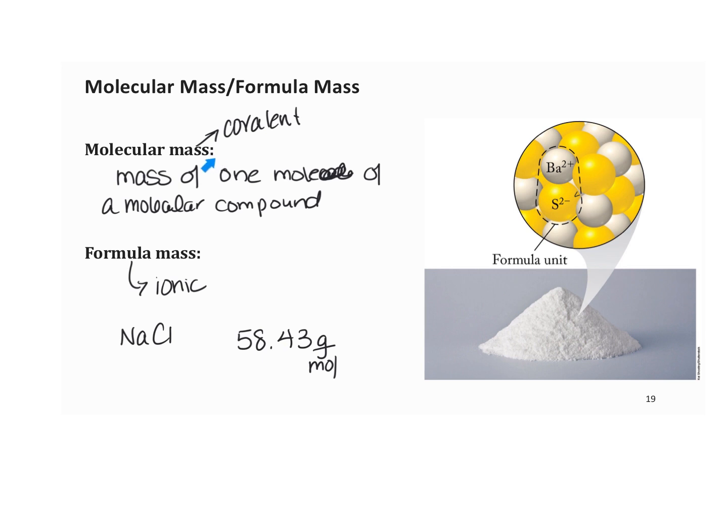So sometimes you'll still see these interchanged, like something ionic will be called the molecular mass, so I just wanted you to be aware of it. But if you hear formula mass, it really means in practice the same thing as the molecular mass, right? You still add up these individual atomic weights and you get the molecular mass. So these are a lot of synonyms really for the same number that you're going to use in conversions.